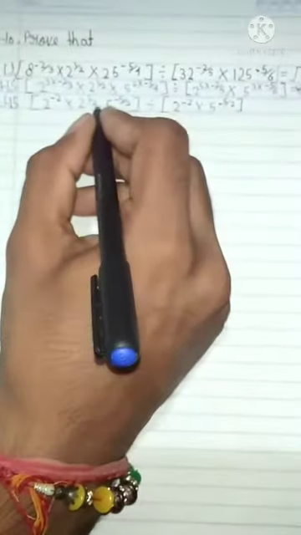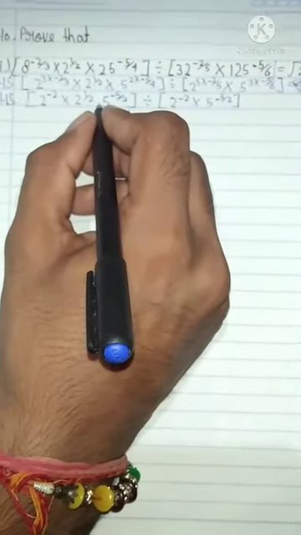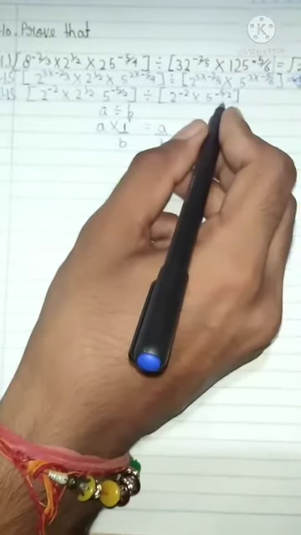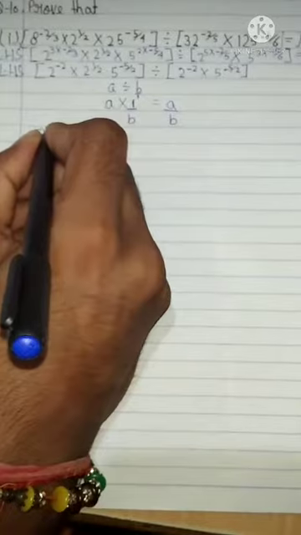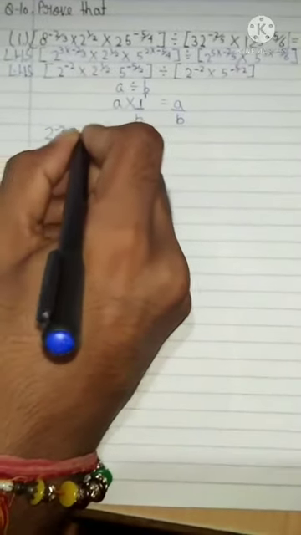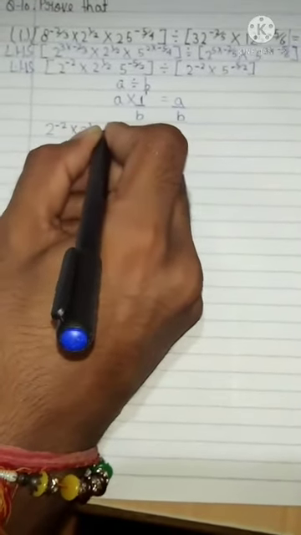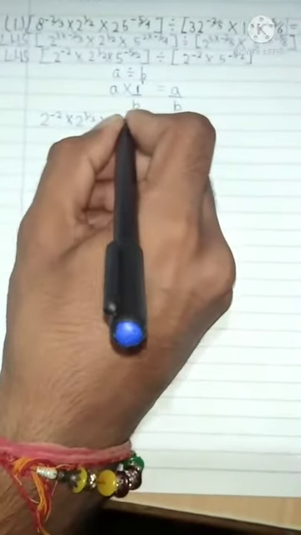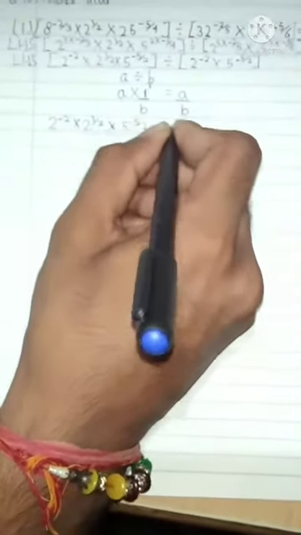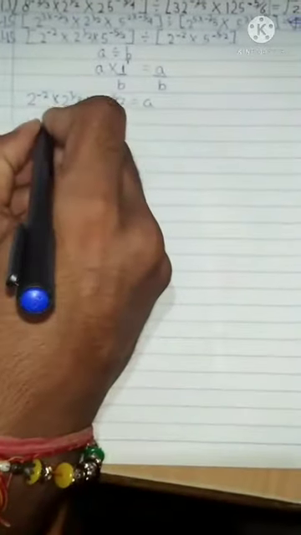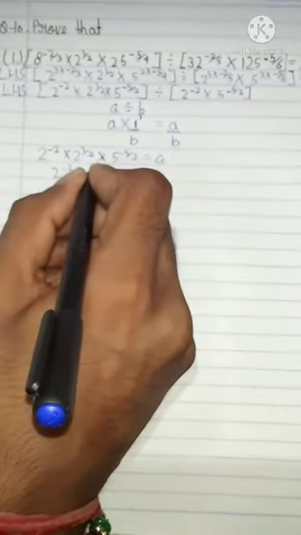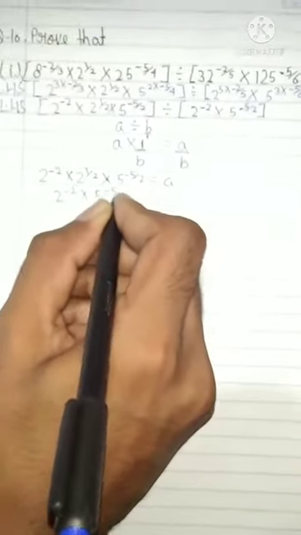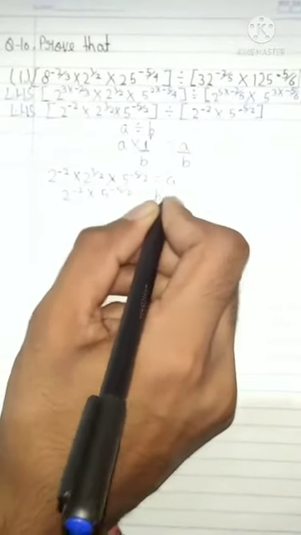Suppose this equation is a and this equation is b. Then, supposing 2 के पावर minus 2 into 2 के पावर 1/2 into 5 के पावर minus 5/2 equal to a, and 2 के पावर minus 2 into 5 के पावर minus 5/2 is b.